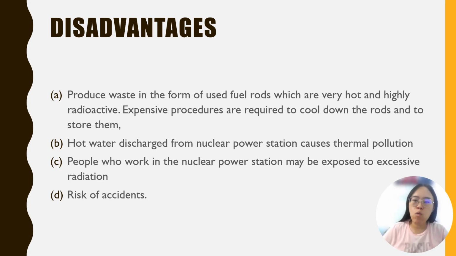Okay, and people who work in the nuclear power station may be exposed to excessive radiation. Okay，所以通常在 nuclear power plant，他们做工的人士呢，他们会有一个 badge，让他们知道到底中的 radiation 的指数有多高。如果到了一个 certain level 的话，他就一定要回家休养，可能一年半过后，他又再回来。Okay, and there is a risk of accidents.